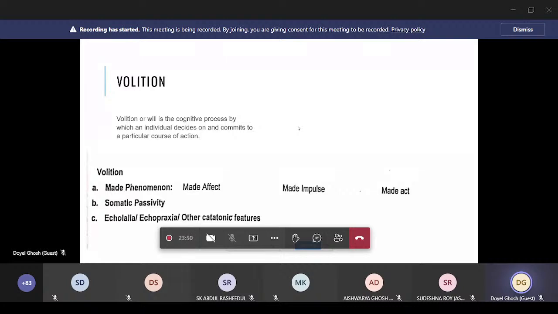Regarding made impulse, I am made to do that. I am made to steal, or I am made to write. I am made to sing. Sorry, I'm talking about made act. When I'm talking about singing or doing something, it is made act. I'm made to act this.